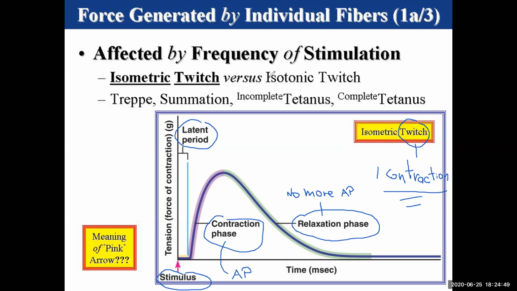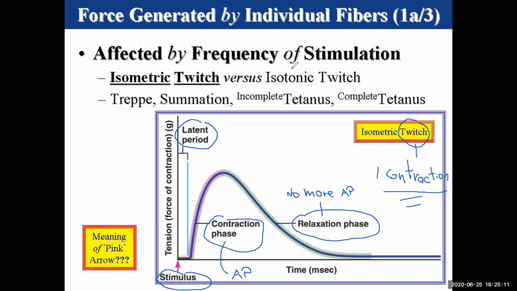When we have isotonic twitch or isotonic contraction, the skeletal muscle fiber, its length decreases, or the skeletal muscle as an organ shortens or decreases, isotonic.